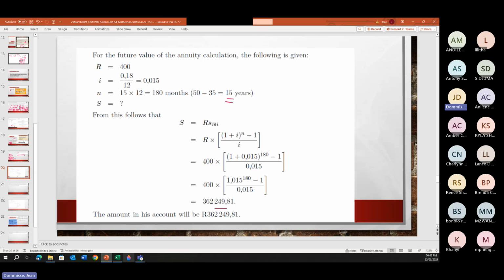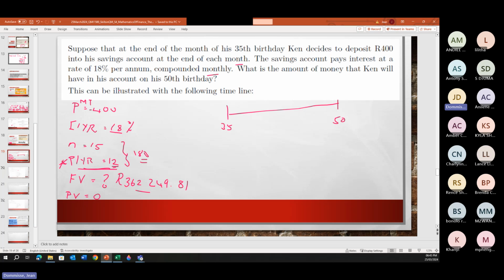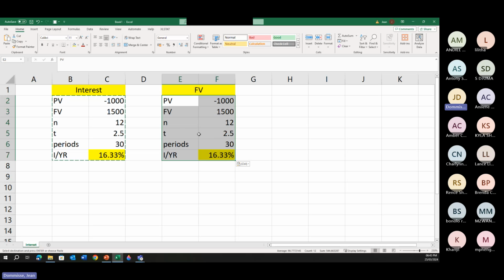If you're comfortable using the financial calculator, use it. If you're comfortable using Excel, use it. But don't go and use all three of them, because what you need to put into it to get to the answer does differ. So I just want to guide you against trying to do all three of them. Try to find which one works for you and work with that.